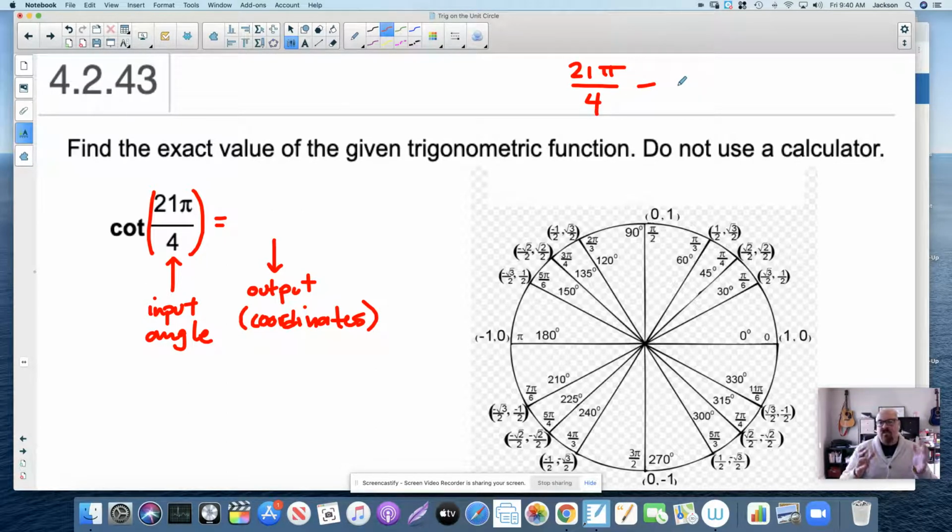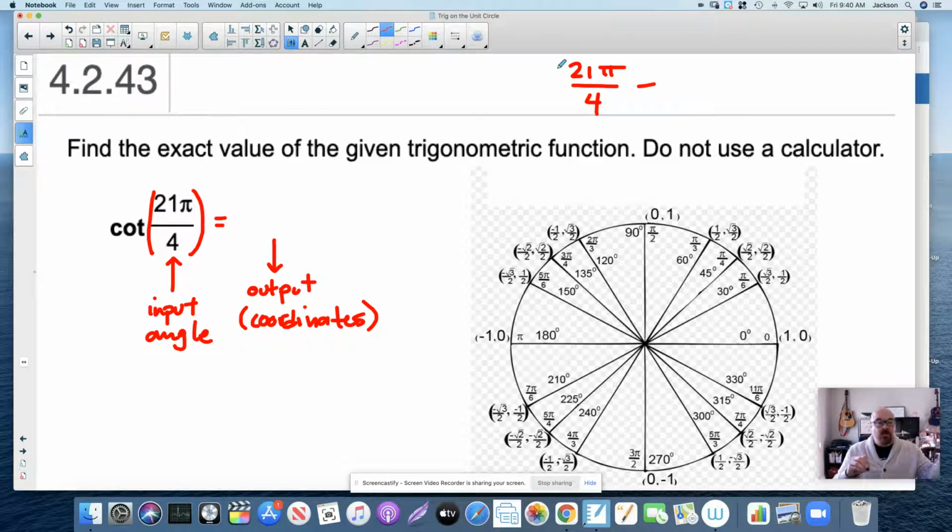But before we even do that, let's think, number sense, common sense, mental math. One rotation is 8 pi over 4, which means another rotation is another 8 pi over 4. What is that? That's a total of 16 pi over 4, which still 21 pi over 4 exceeds, right? So if we made another full rotation, that would be 8 pi over 4, 8 pi over 4, 8 pi over 4.